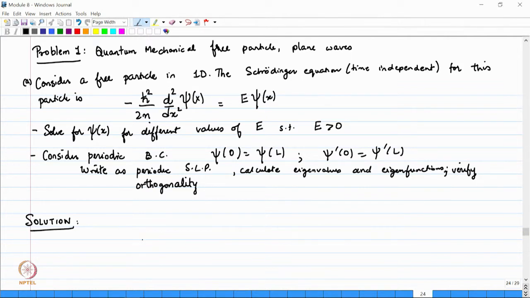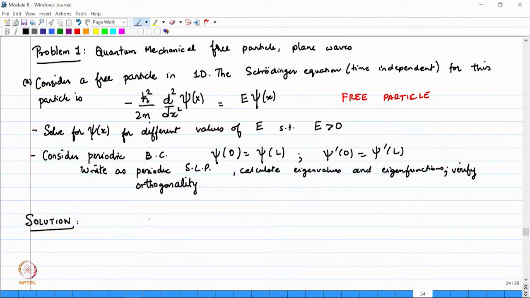Let us solve this. The first part is to do the free particle. This is a simple second order differential equation.